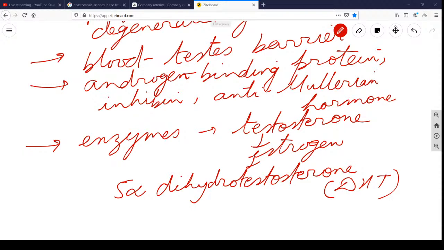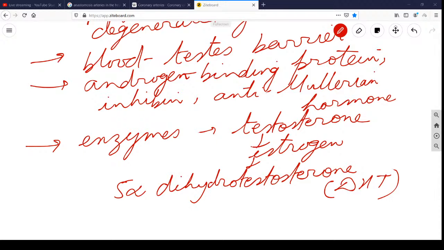Now, Sertoli cells may also play an important role in the hormonal control of spermatogenesis. Because of the dependence of male germ cell development on the Sertoli cells, the rate of a man's sperm production is directly related to the number of Sertoli cells in his testis.